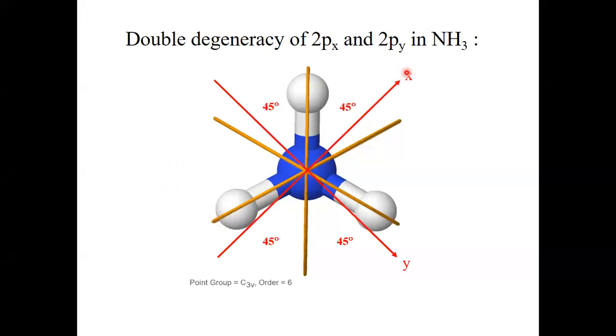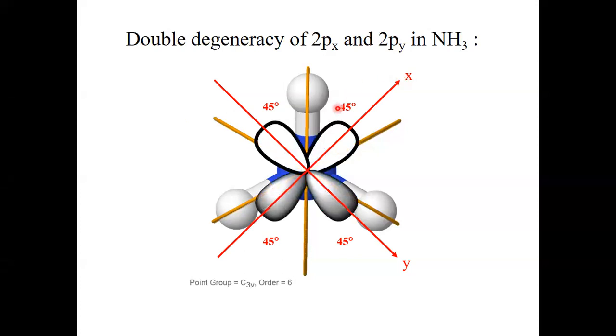Then our x-axis points this way, and there would be a 45-degree angle between this NH bond and the x-axis. And then the y-axis would point into this direction. Naturally, it has to stand at a 90-degree angle relative to the x direction. All right. So now where would our orbitals be? Well, the px orbital naturally will need to point along the x-axis, and the py orbital would naturally need to point along the y-axis.